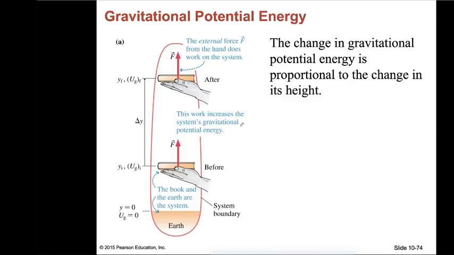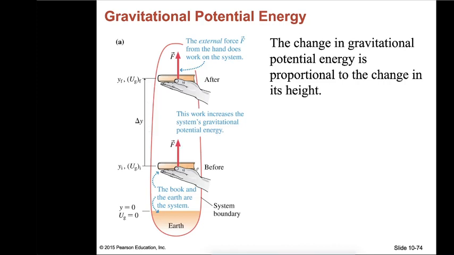First, let's see the gravitational potential energy. The change in gravitational potential energy is proportional to the change in its height. Now, if we lift the book from some position to a higher position, we can calculate the work.